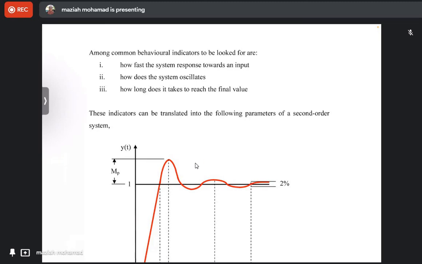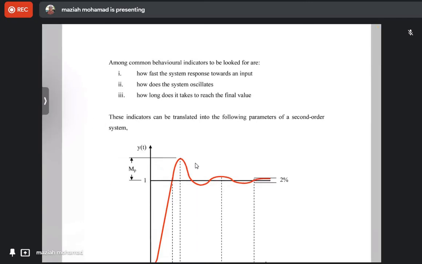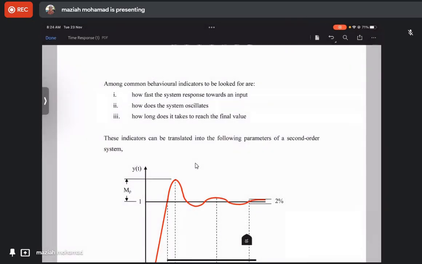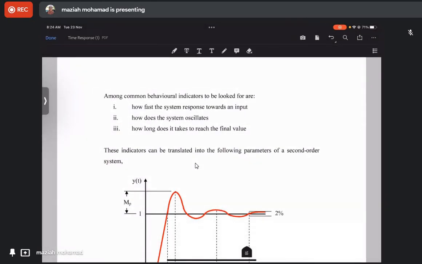The first one is how fast the system responds toward the input. So this one is given by what we call rise time, TR. Okay, so we want to see how fast the system responds to the input. So we're going to look at a parameter named rise time.